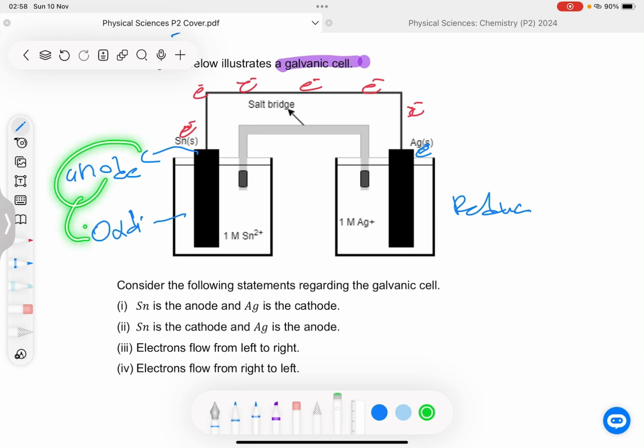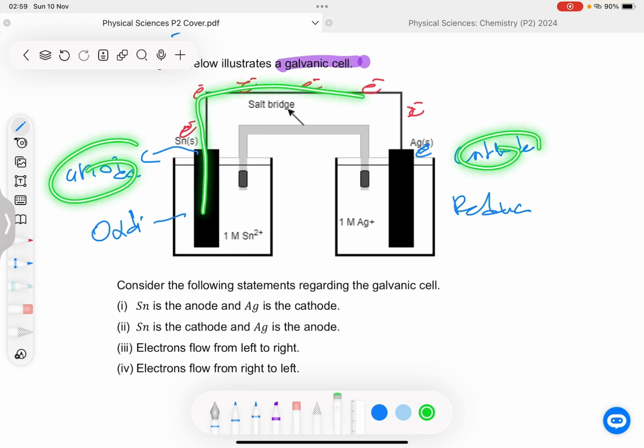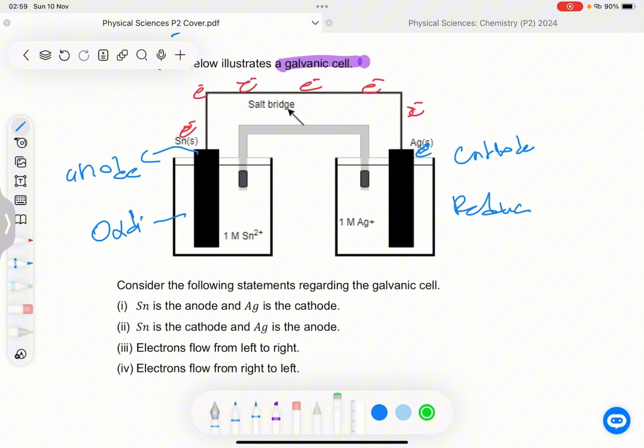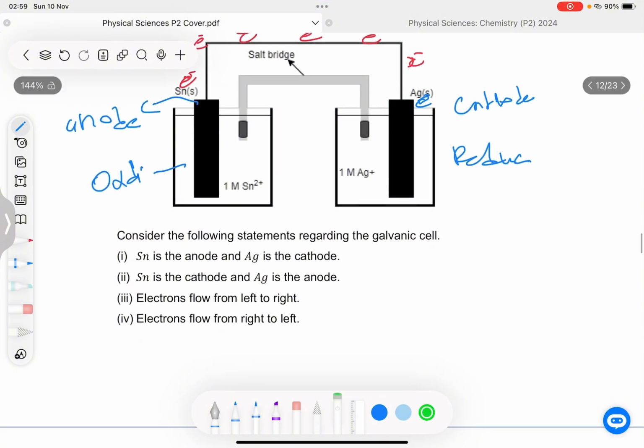Obviously, we know that oxidation takes place in the anode, and reduction reactions take place in the cathode. So already I've answered this question. All the three options are there: the anode, the cathode, and the movement of the electrons. We can see that the electrons are moving from the left to the right.